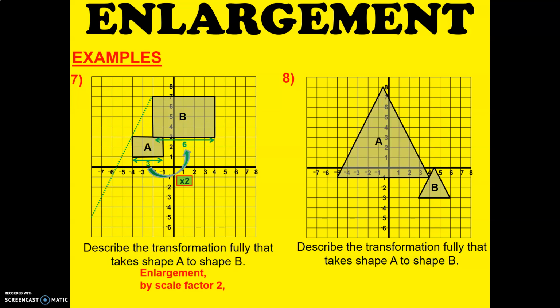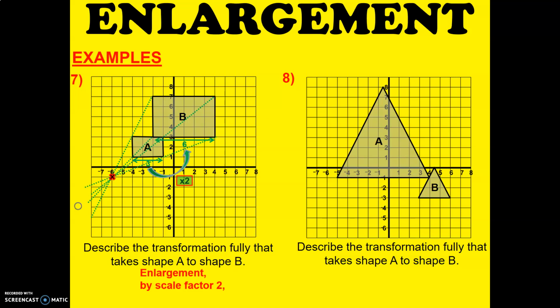Now let's draw a line from one vertex of B to the corresponding vertex of A. And another vertex, a pair of vertices of shape A and shape B. Draw a line.